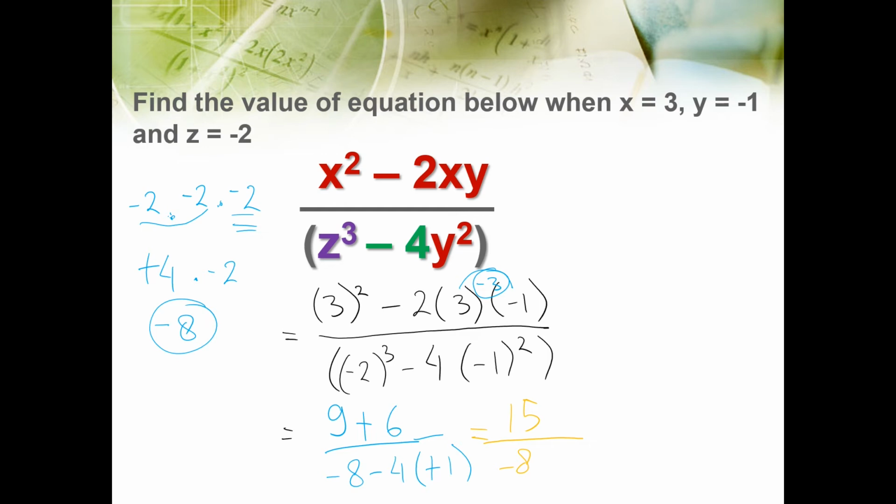Minus multiplied by plus, yes, negative again. 4 times 1 equals 4. So 15 minus 8 minus 12.